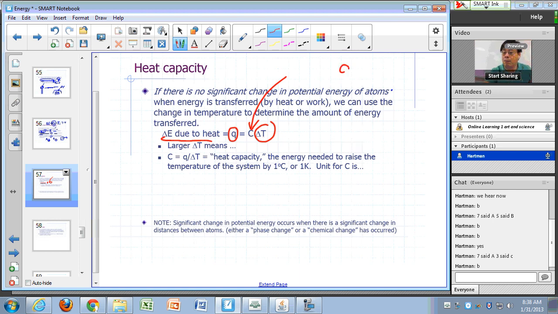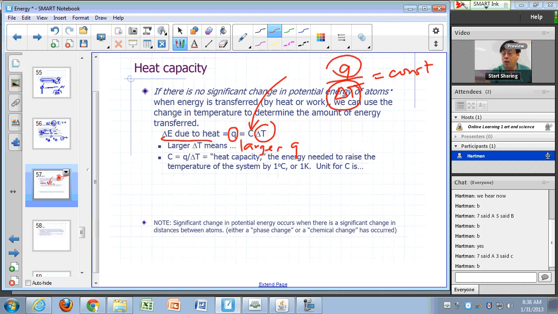In other words, Q over delta T is a constant. What am I saying here? A bigger change in temperature, if these two ratios are to remain constant, implies a higher amount of heat that flowed into your system. A larger delta T would mean a larger Q. More heat flow, bigger temperature change.